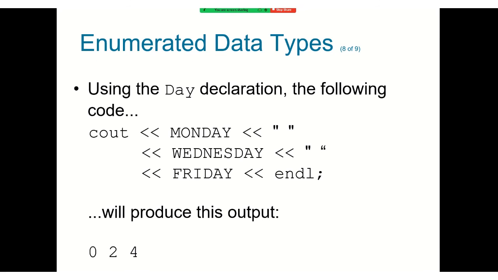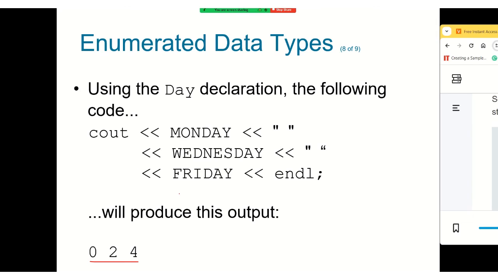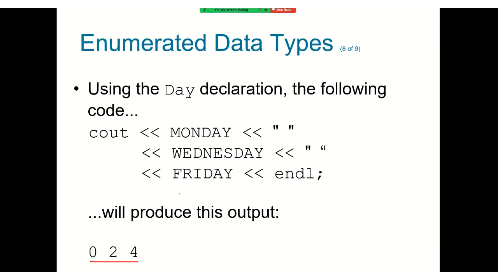Now you have the enumerated data types like that. I mean, using the day declaration, you can use the following code, and then this will produce like this one. That's why in our example, we defined the numerical values for our water enum.